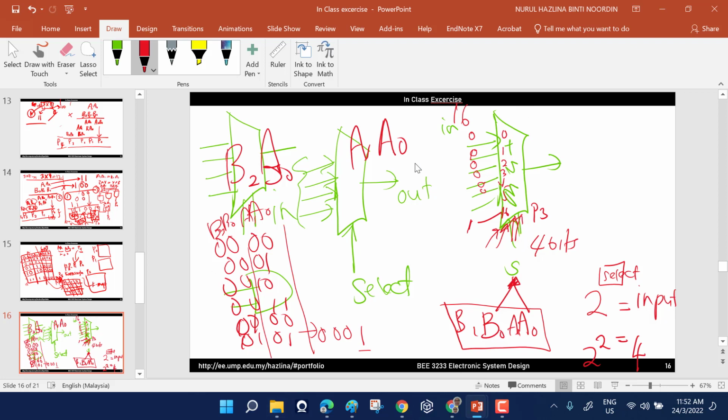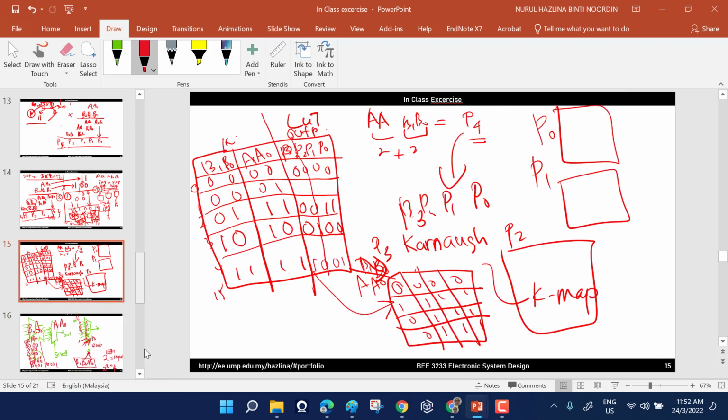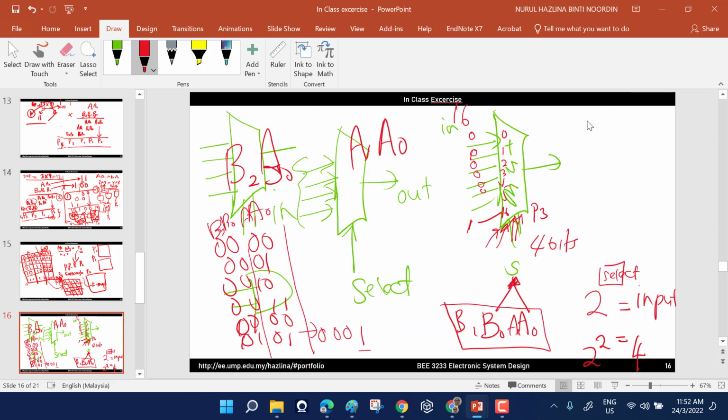So this is another way of implementing it by using multiplexer, whereby instead of feeding your Karnaugh map, the element that you feed your Karnaugh map for P3 can be the input for your 4-bit multiplexer. So let's say you have an execution of B2 multiplied by 2 multiplied by 1, for example.